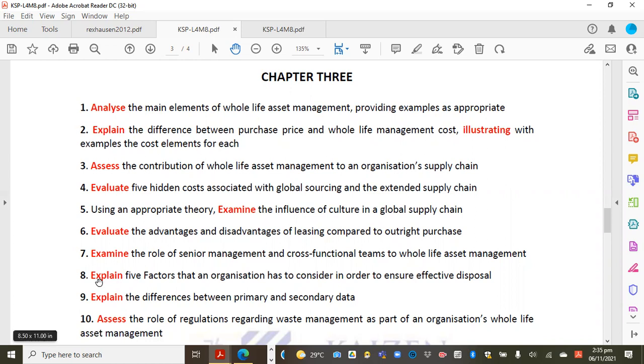Question 8: explain 5 factors that an organization has to consider in order to ensure effective disposal. Now, you would see this in, I think, chapter 3. Yes, chapter 3. When it comes to effective disposal, you are looking at the legislation.